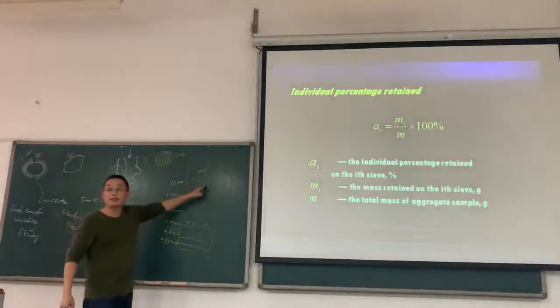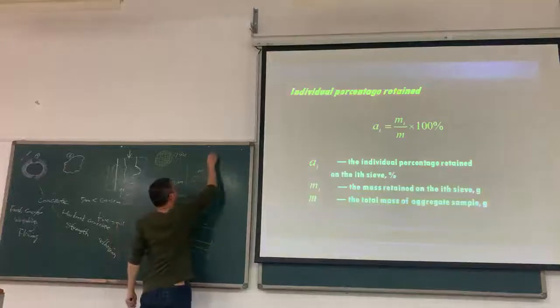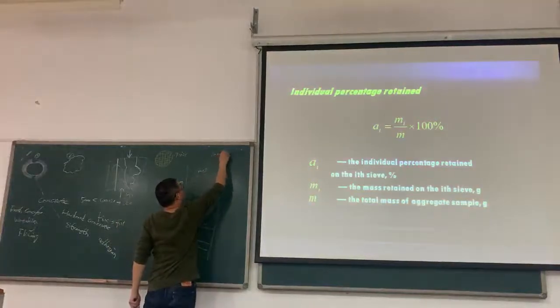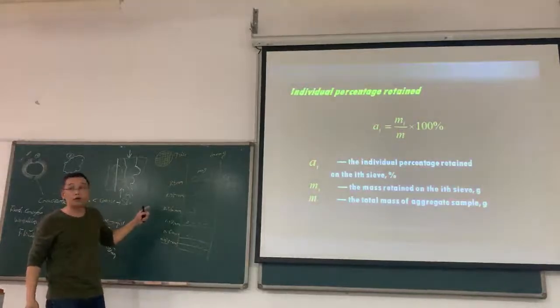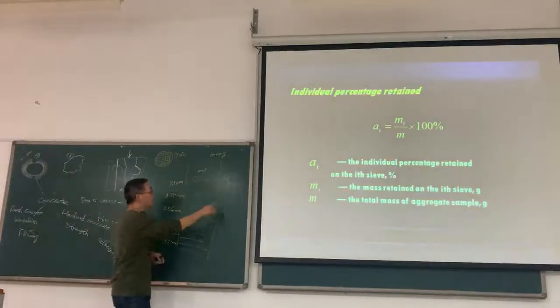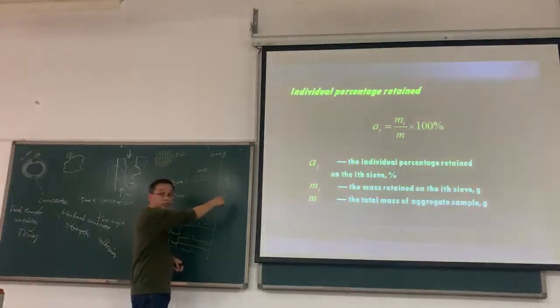The total is 1,000 grams, or 1 kilogram. So, how do we calculate the individual percentage retained?